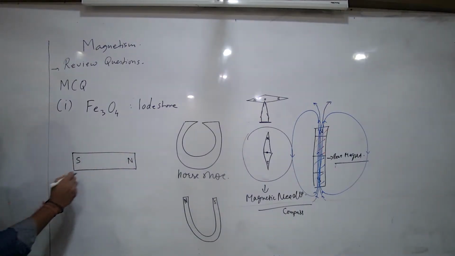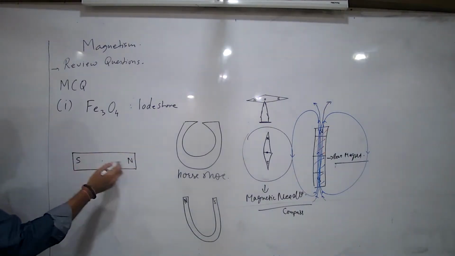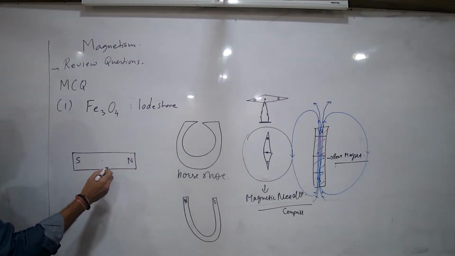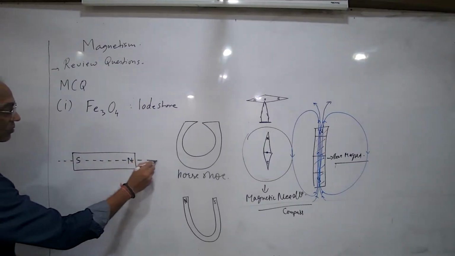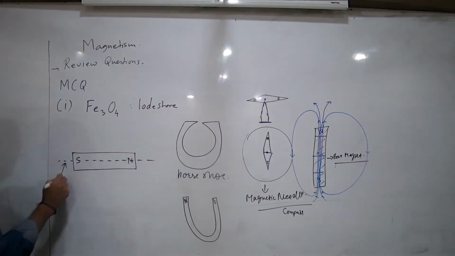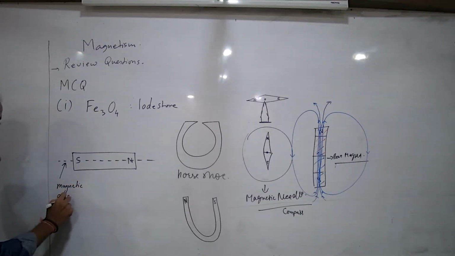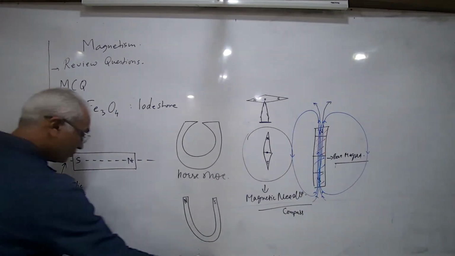So these are poles, or you can also say end points, same thing. Then what is the magnetic axis? The line that joins the poles, or the line passing through the poles, is called the magnetic axis. So this is the magnetic axis.